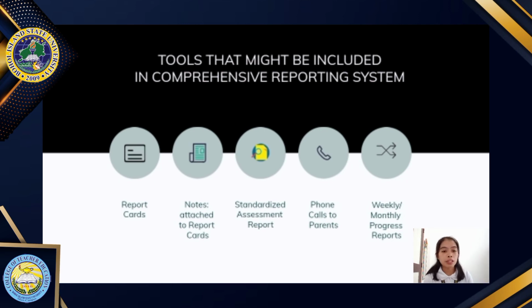The third is standardized assessment report, then phone calls to parents. This tool is very helpful, especially when a certain student did not attend class without an excuse letter, or even when something happened to the student in school. As a teacher, you can call the parents of the particular student. And weekly or monthly progress report.